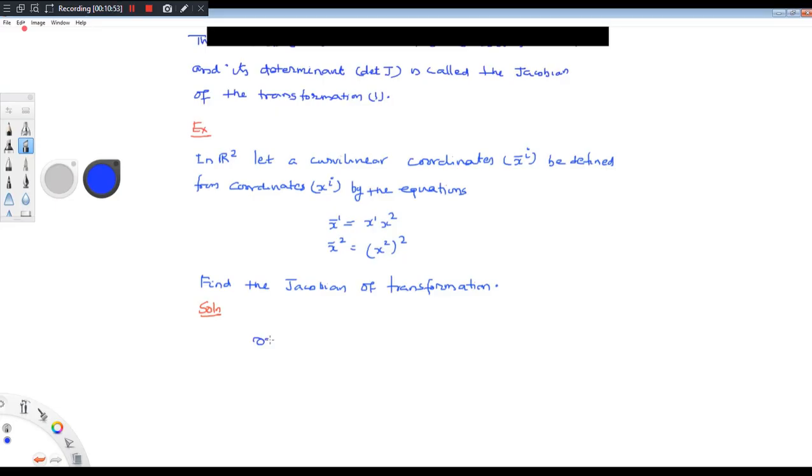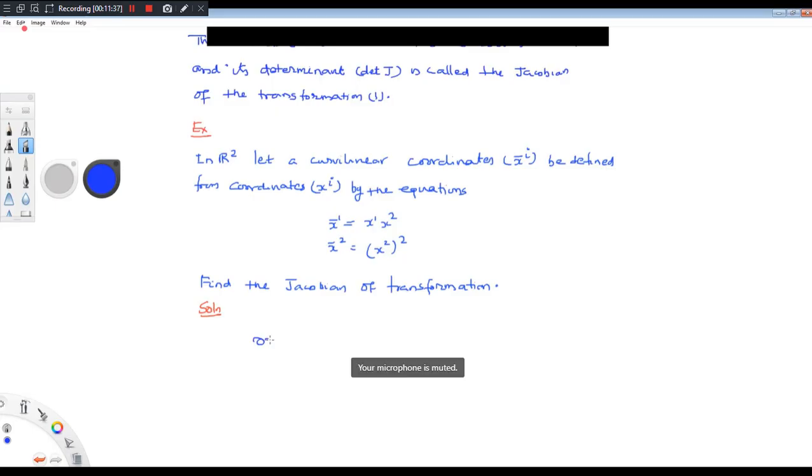Then del x bar 1 by del x2 is x1, with respect to x2. Del x bar 2 by del x1 will be 0, because in the second transformation there is no x1. And del x bar 2 by del x2 is 2 times x2, since it is the square of the x2 coordinate.